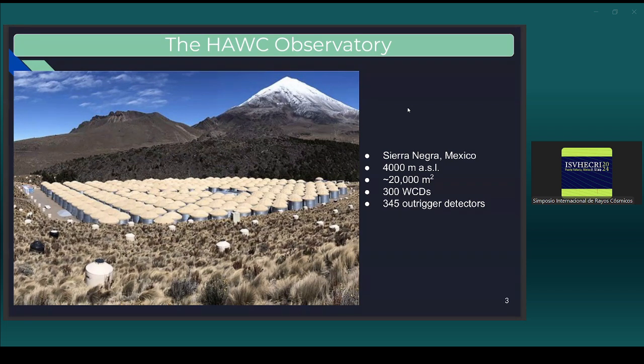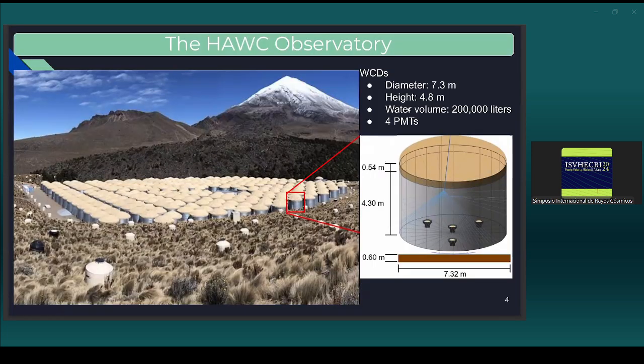Later it was complemented with 345 outrigger detectors. These outrigger detectors are still being characterized, and we are still working only with the 300 water Cherenkov detectors. The water Cherenkov detectors have this specification.